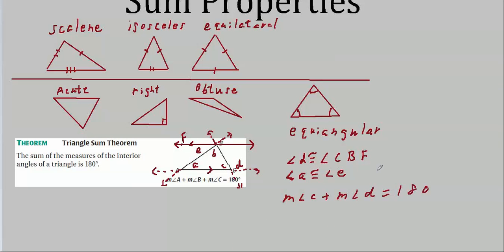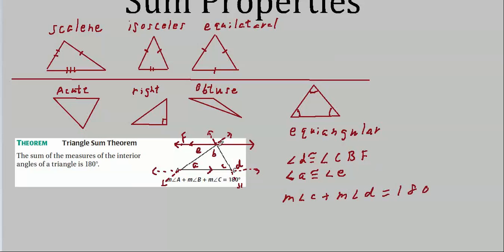But angle D is congruent to this large angle here, which is made up of E and B, and from our angle addition postulate, and from the fact that they're congruent. Remember, if they're congruent, their measures are the same.